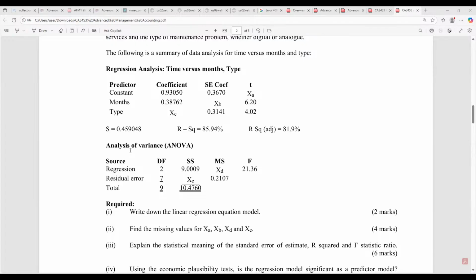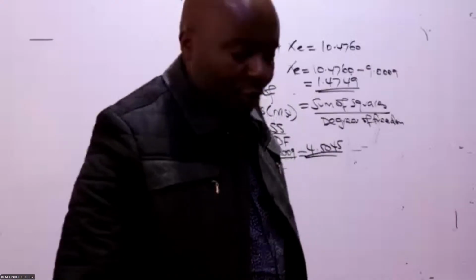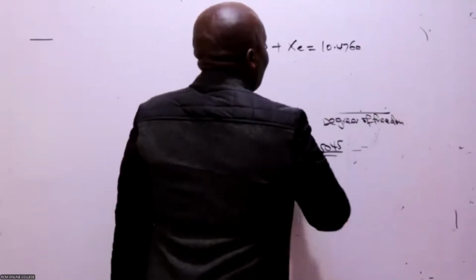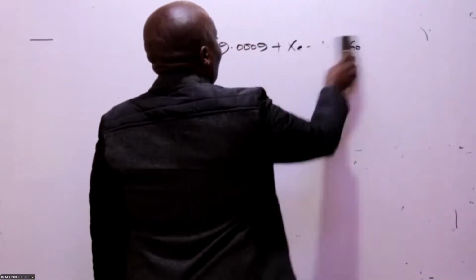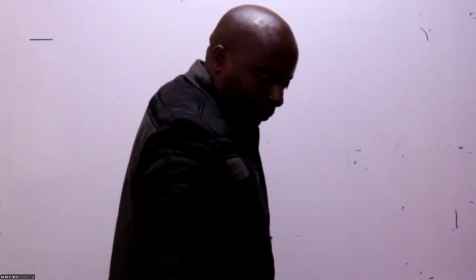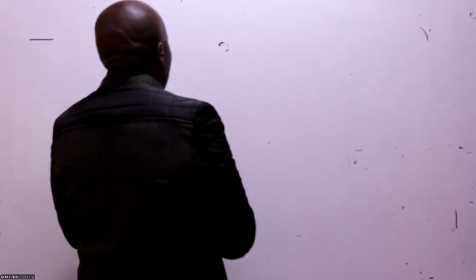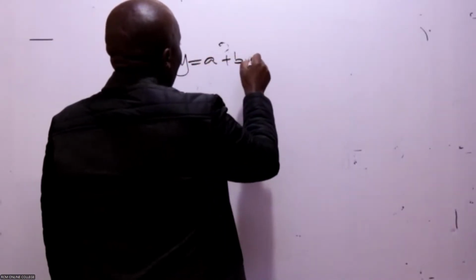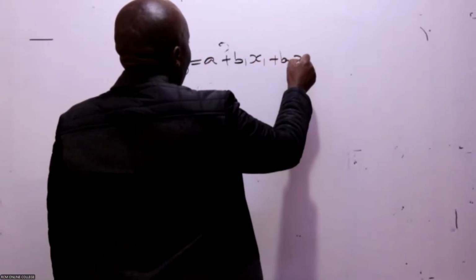Very easy. So remember here, we have 2 predictor variables, x1 and x2. So we have y equals a plus b1 x1 plus b2 x2.